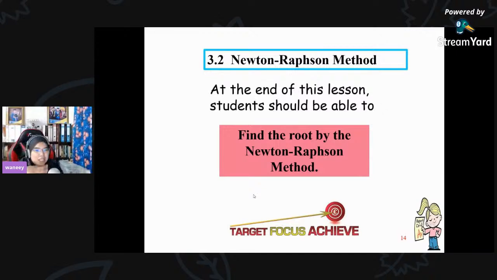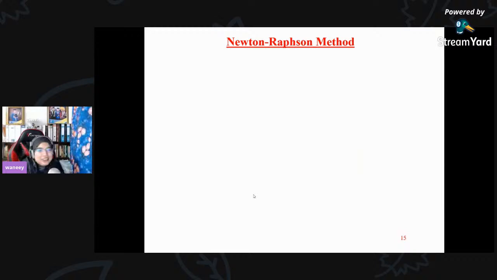So now we want to refine it further, to find the root by using the Newton-Raphson method. Next. So what is the Newton-Raphson method?